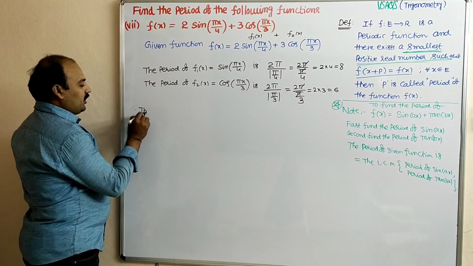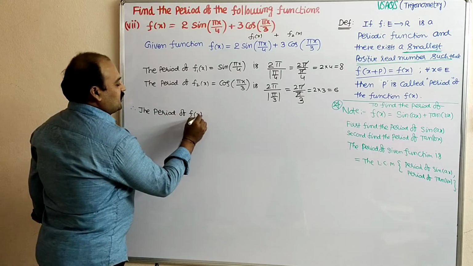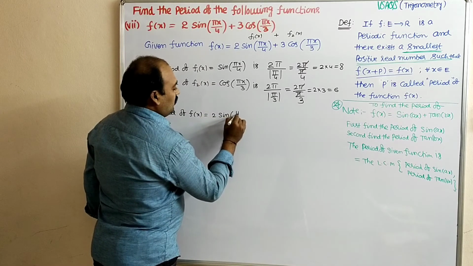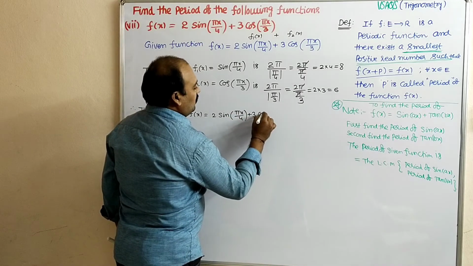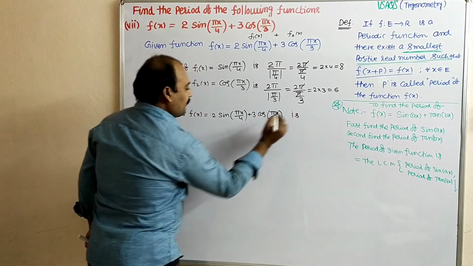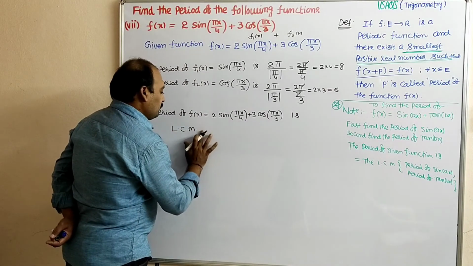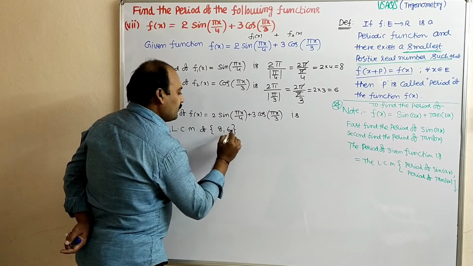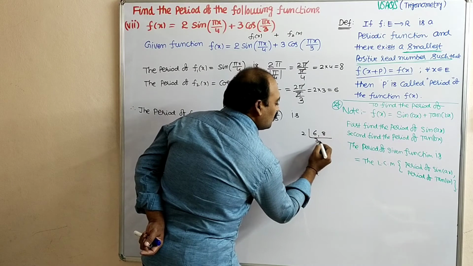Therefore the period of f of x equal to 2 sine of pi x by 4 plus 3 cos of pi x by 3 is the LCM, least common multiple, of 8 comma 6. 8 comma 6 LCM, how much is it? 2 3s are 6, 2 4s are 8.